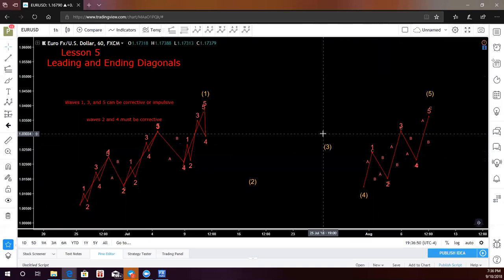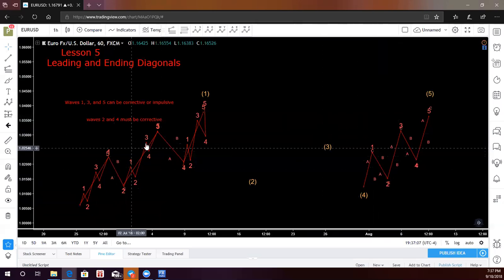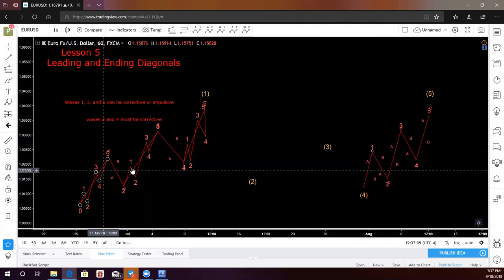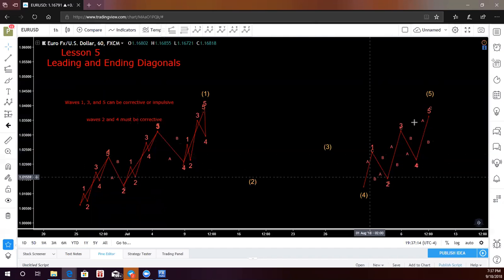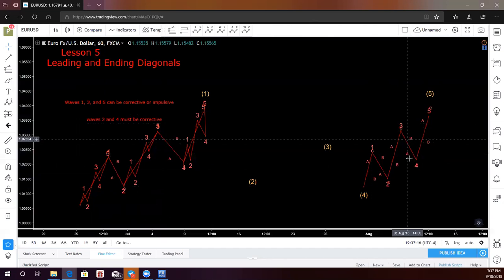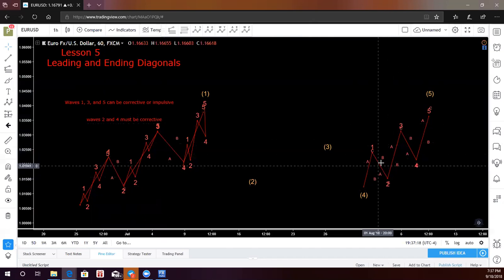Another thing to talk about for both of these: neither of them is going to follow normal ratios or any ratios within itself as a primary structure. However, the sub-movements, the 1, 2, 3, 4, 5 of wave 1, the ABC of wave 2, those will follow ratios, as well as the ending diagonal's ABC, ABC, ABC, all the 3-wave movements will follow their own ratios.